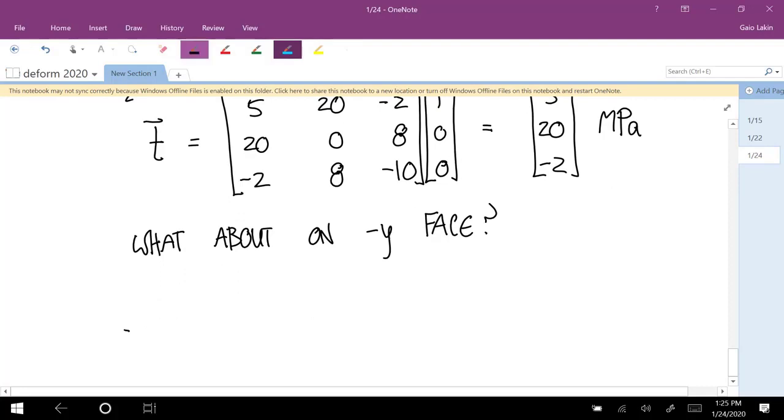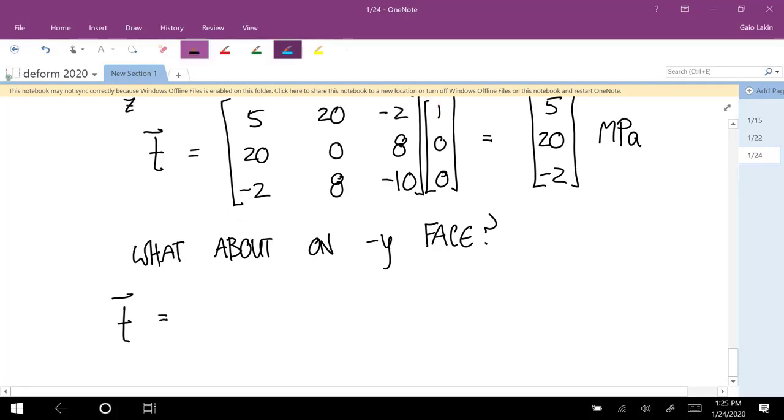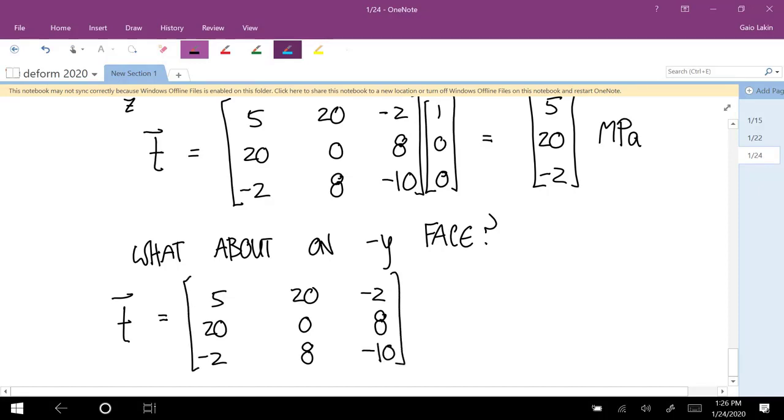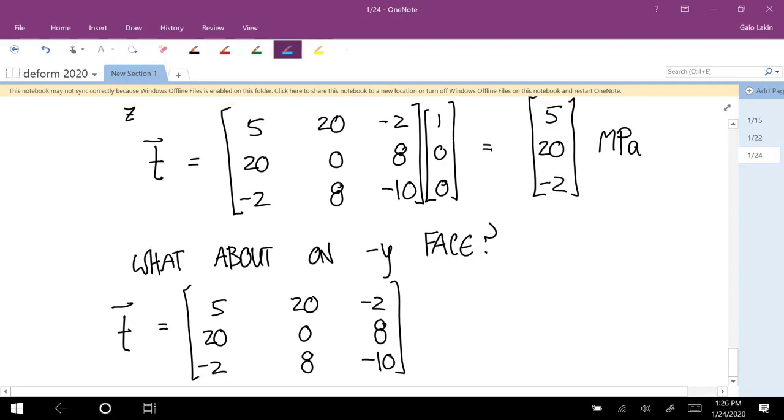So we're going to take the same stress tensor, 5, 20, negative 2, 20, 0, 8, negative 2, 8, negative 10. And we're going to multiply that by the outward facing normal for the negative y face.